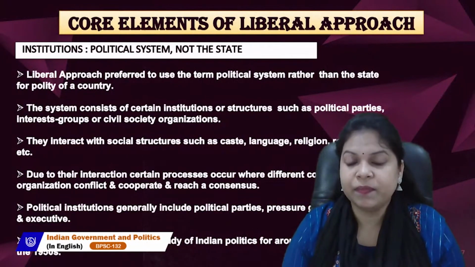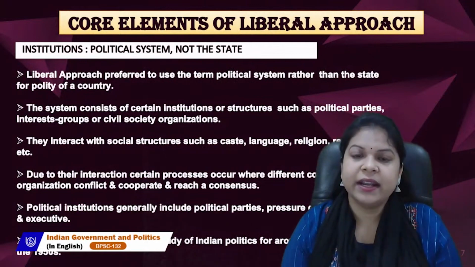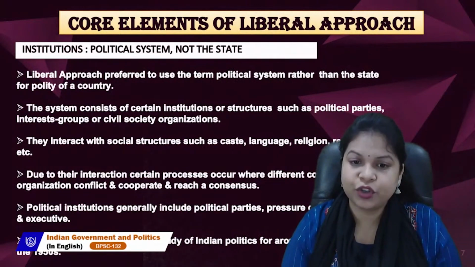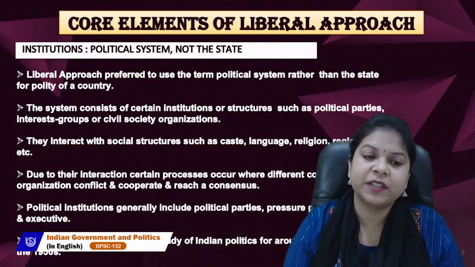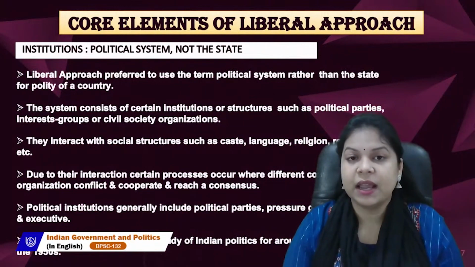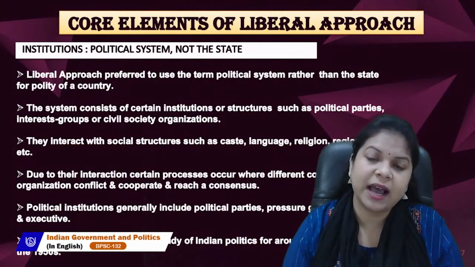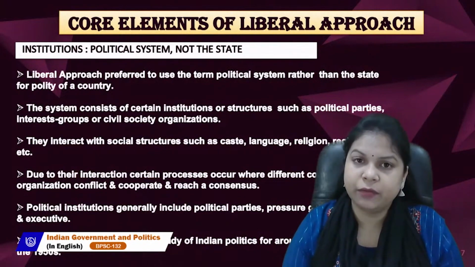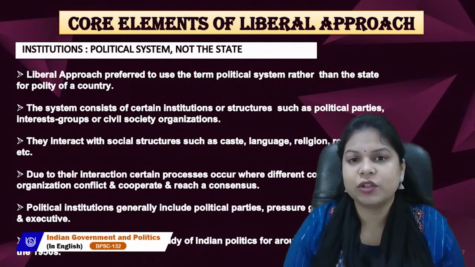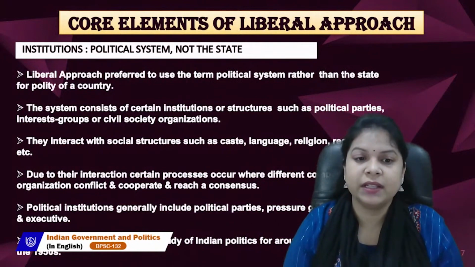The political system consists of certain institutions and structures such as political parties, interest groups, or civil society organizations. As we all know, India has a multi-party system where several political parties compete with each other. So this is also one of the institutions of the Indian system.